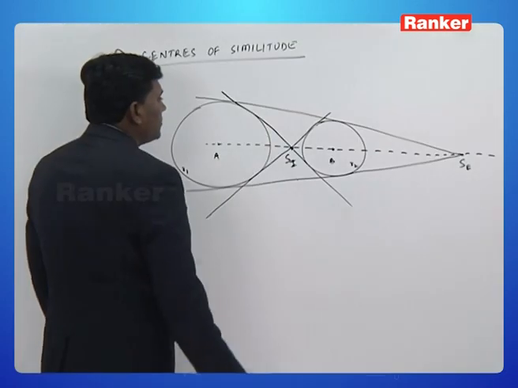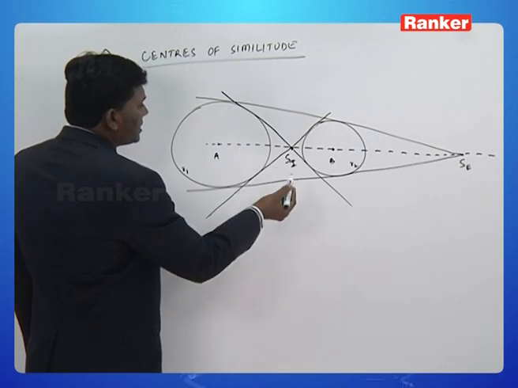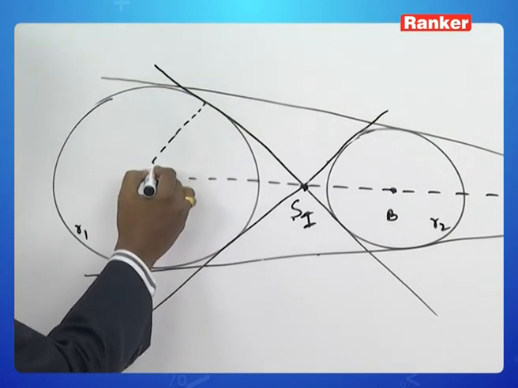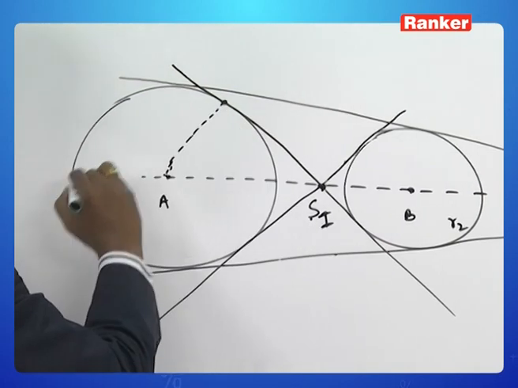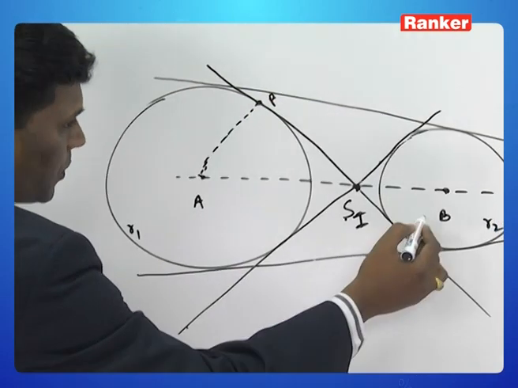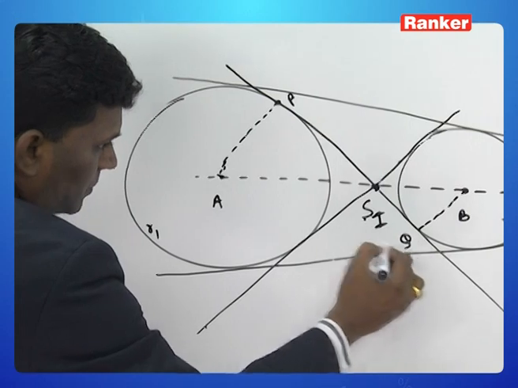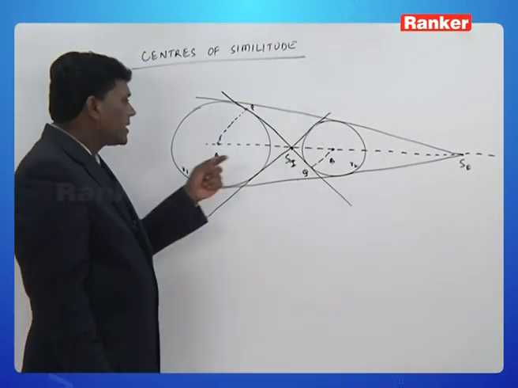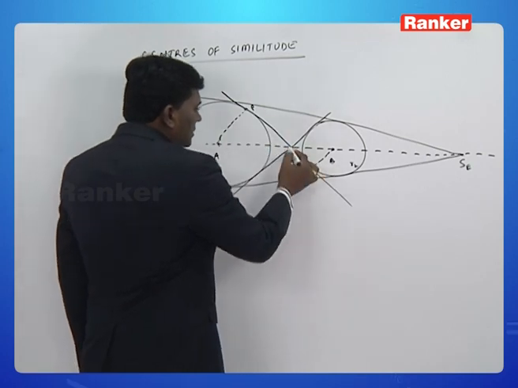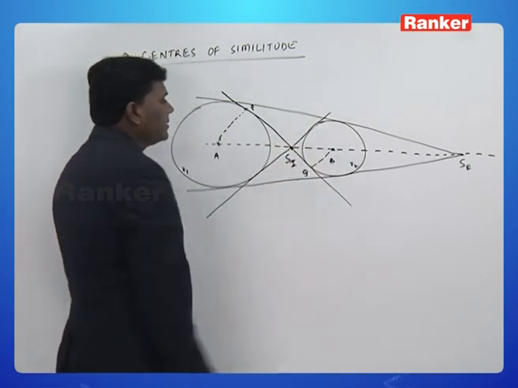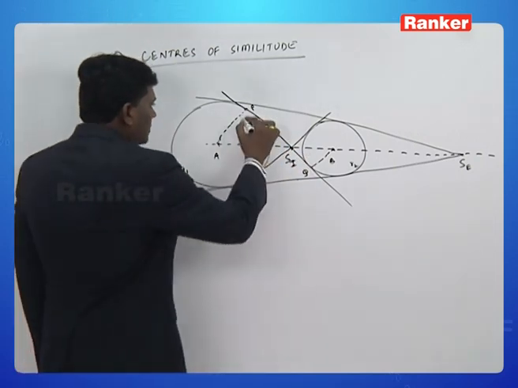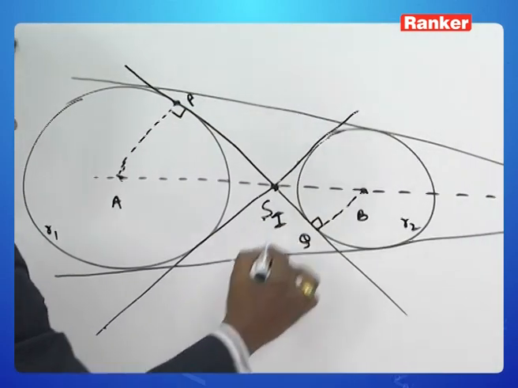For that, we take a simple construction here. If the point of contact is taken as some P, and this point of contact is taken as some Q. Now, in the diagram, triangles APSI and QBSI are similar to each other because these two are right angles.